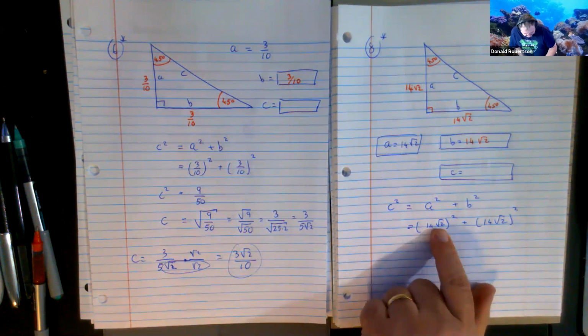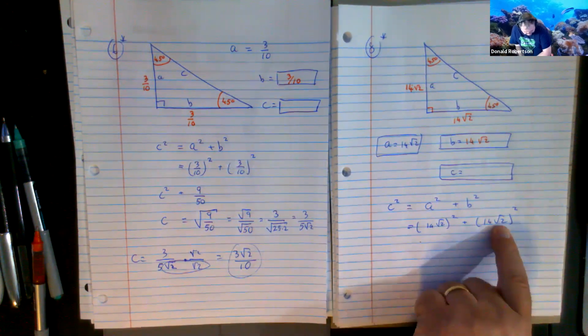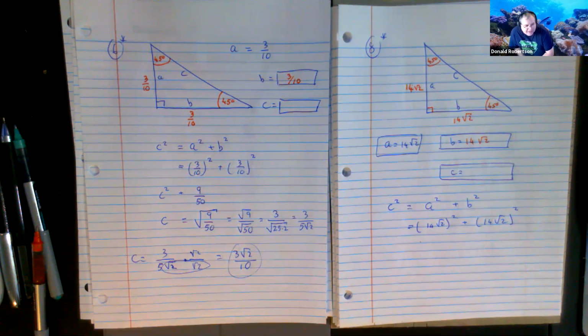(14 square root of 2 squared plus 14 square root of 2 squared). Would you agree that doesn't look very promising? It looks like it's going to be really awkward.